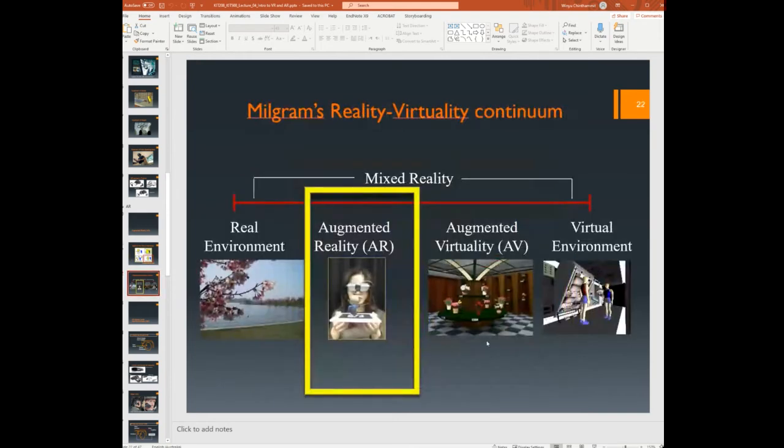In Milgram's continuum, AR sits on this side. A question that people often ask is whether AR is the same thing as mixed reality. AR is not. AR is a smaller subclass of mixed reality.